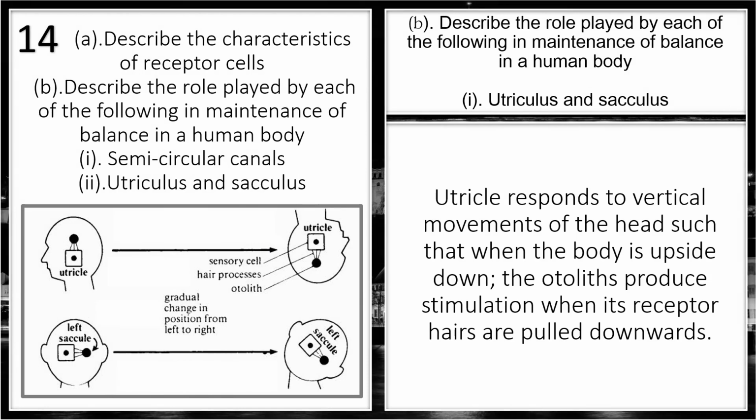The utricle responds to vertical movement of the head, such that when the body is upside down, the otolith produces a stimulation when its receptor hairs are pulled downwards.